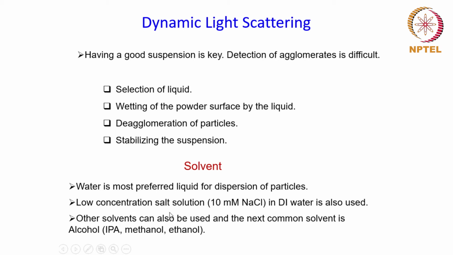Addition of a trace amount of an ionic compound such as sodium chloride can overcome that problem. For example, a 10 millimole solution of sodium chloride can be used instead of pure DI water to make sure that the particles do not form agglomerates.